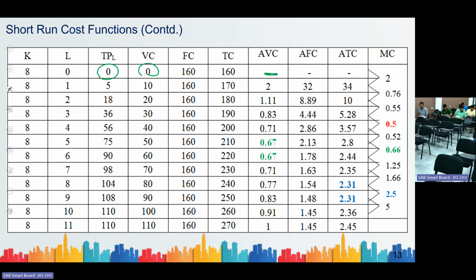AFC, FC divided by Q, this is Q. 160 divided by 0, no answer. ATC, TC divided by Q, 160 divided by 0, no answer. So from the next point onwards, you can do the calculations.